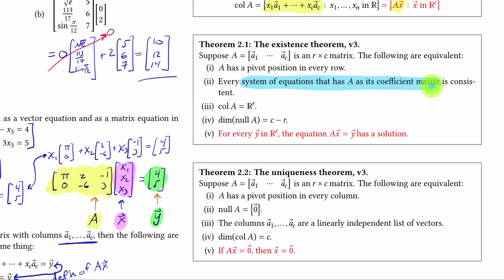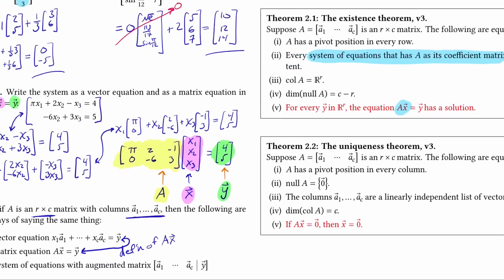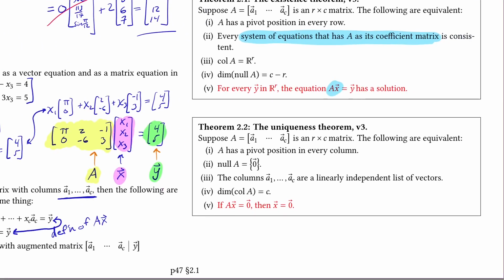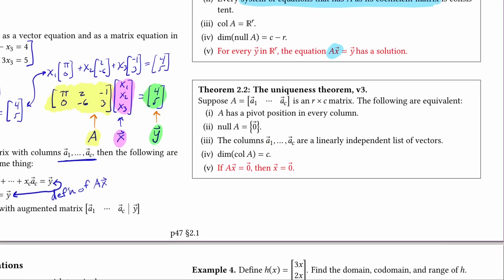Well, a system of equations that has A as its coefficient matrix is just AX, like we saw here. Like the coefficient matrix was the stuff on the left of this example, and that ends up being the A. Likewise, looking at the uniqueness theorem, the new thing we're adding is that if AX equals 0, then X equals 0.